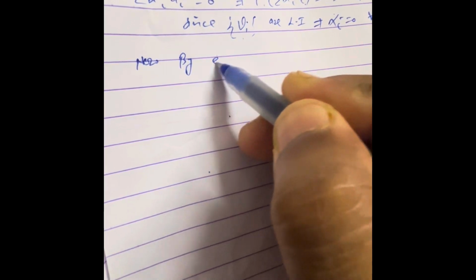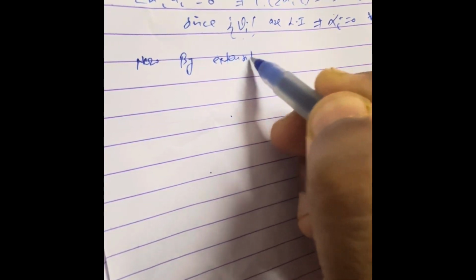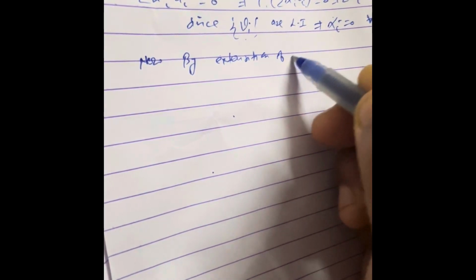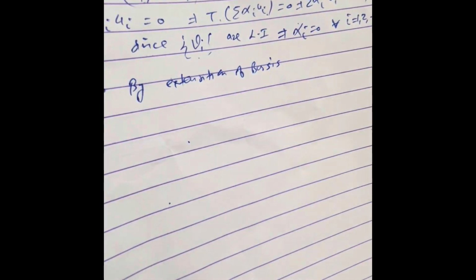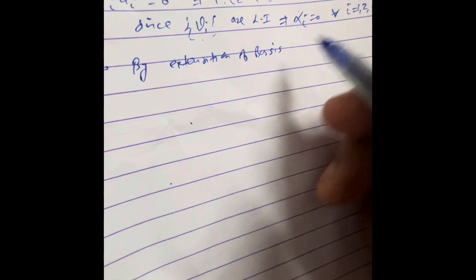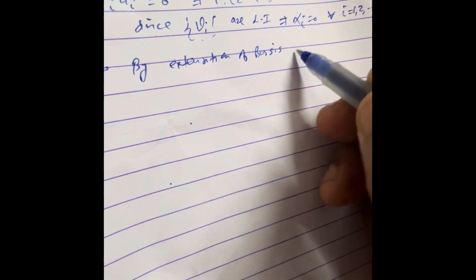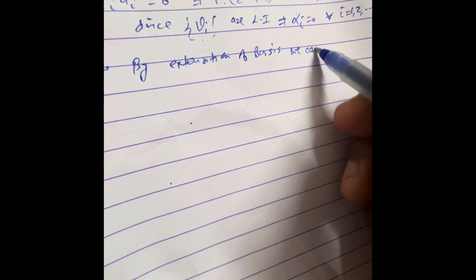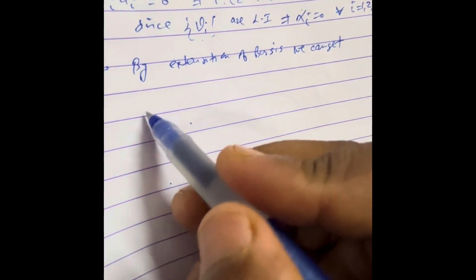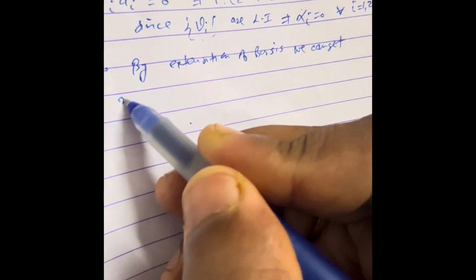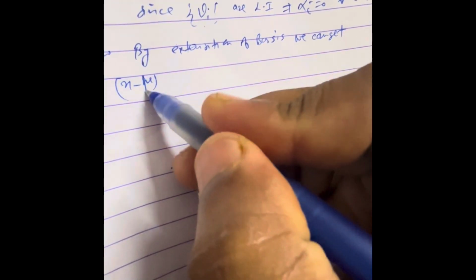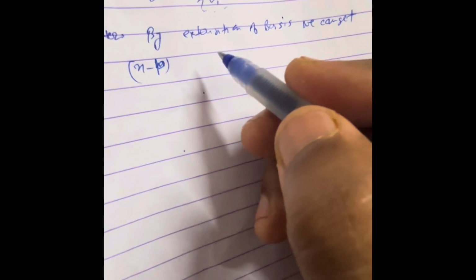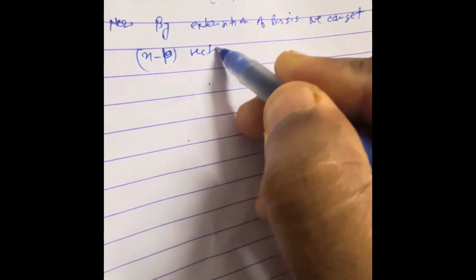by extension of basis, we can get n minus p vectors, what are they?